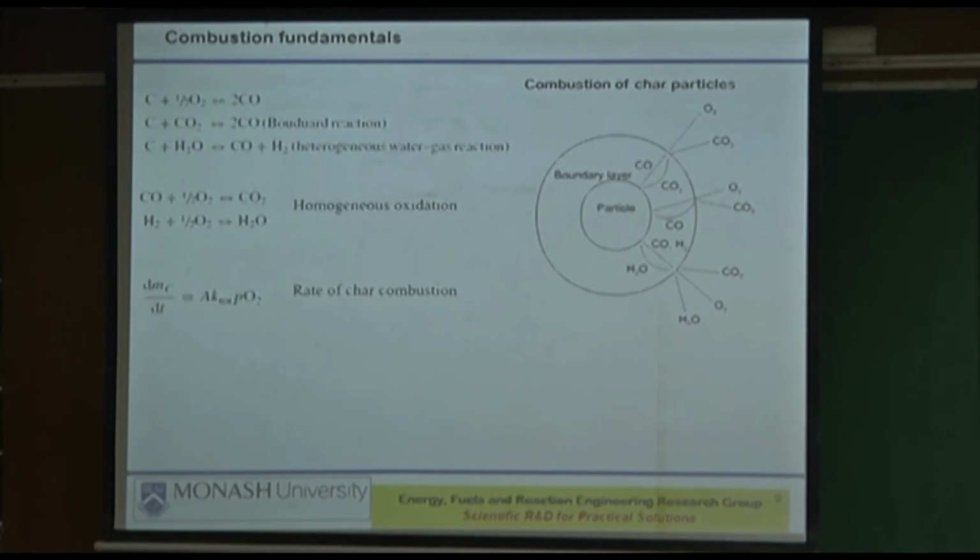So the experiments can be done in a very controlled condition in the lab in very small reactors. It used to be done quite a lot, say 30, 40 years ago, to get a feel for how much time the char will take to combust.